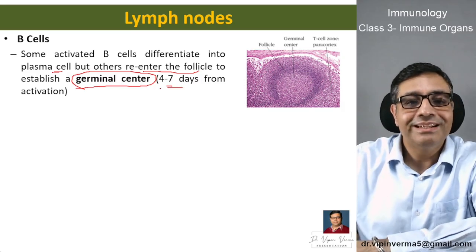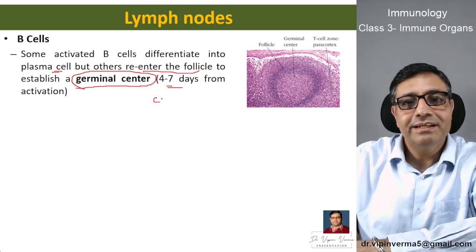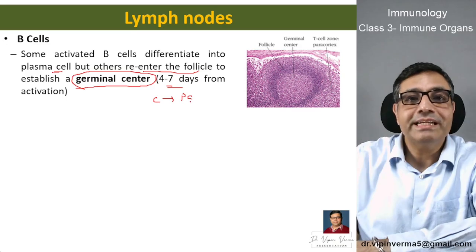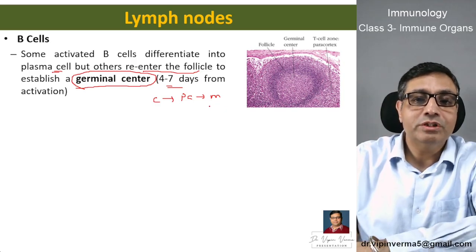So this is so interesting, that the B cells which are moving from the cortical region to the paracortical region get complete activation. Some will go to the medulla, because in the medulla, as you saw a couple of slides back, there is a concentration of plasma cells, and these plasma cells are the effector cells.